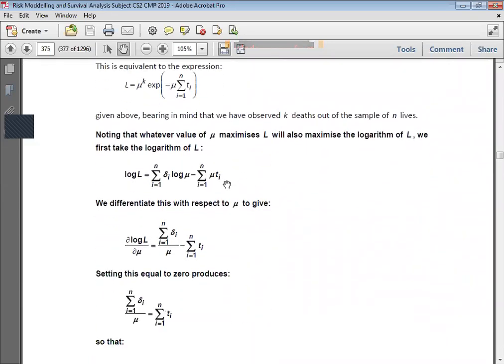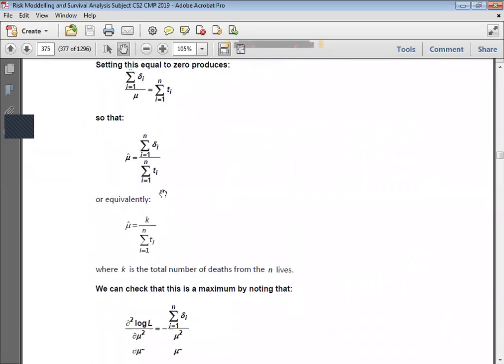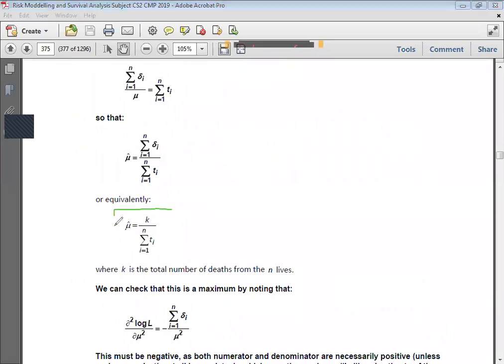So you take the logarithm, differentiate with respect to mu, and you will get a particular value, which is this. Again, I'm not going to go through the whole derivation, but I think you can make sense of this. What is my mu hat? My mu hat is just k upon the summation of t_i's. K is the number of deaths I observe, right?